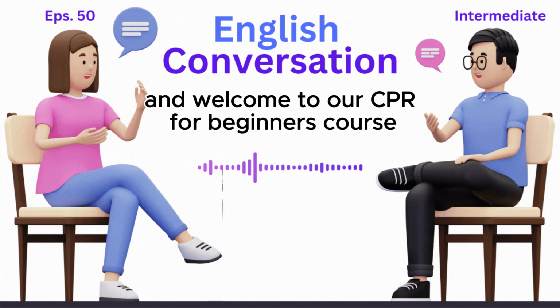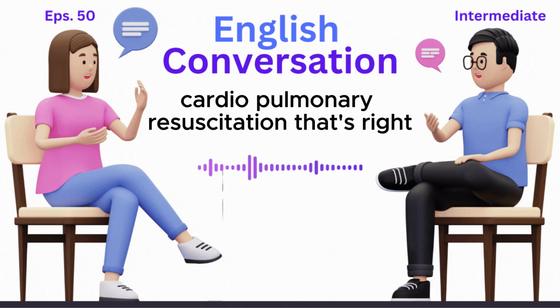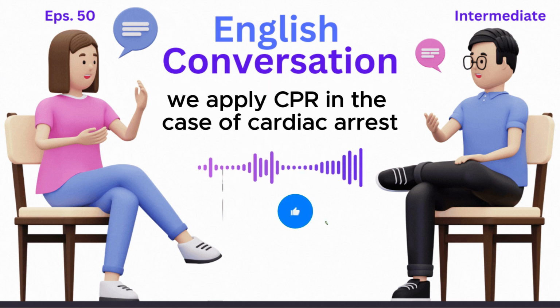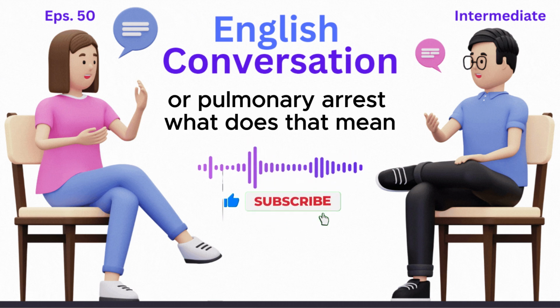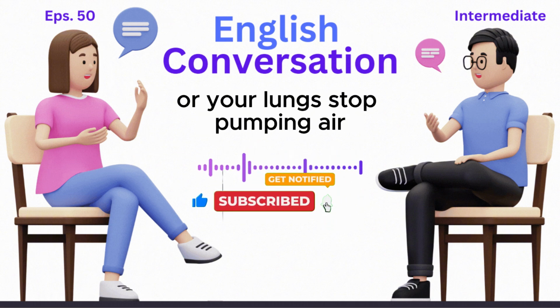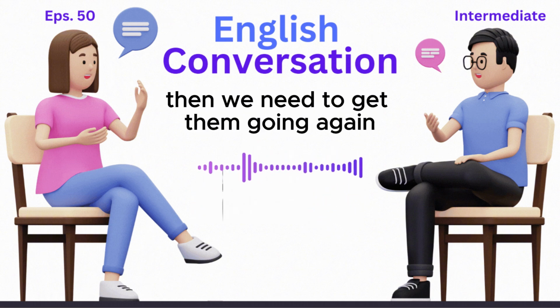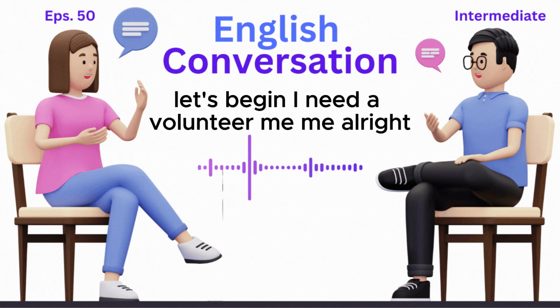Hello, everyone, and welcome to our CPR for Beginners course. First of all, does anyone know what CPR stands for? Cardiopulmonary resuscitation. That's right. We apply CPR in the case of cardiac arrest or pulmonary arrest. What does that mean? Well, basically, if your heart stops pumping blood or your lungs stop pumping air, then we need to get them going again. That's when we have to apply this procedure. Let's begin. I need a volunteer.